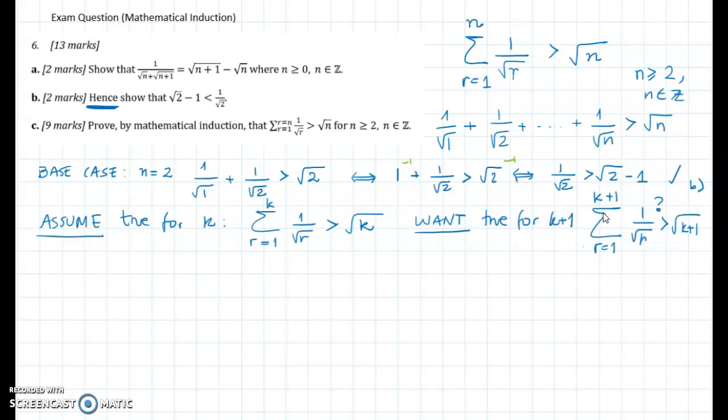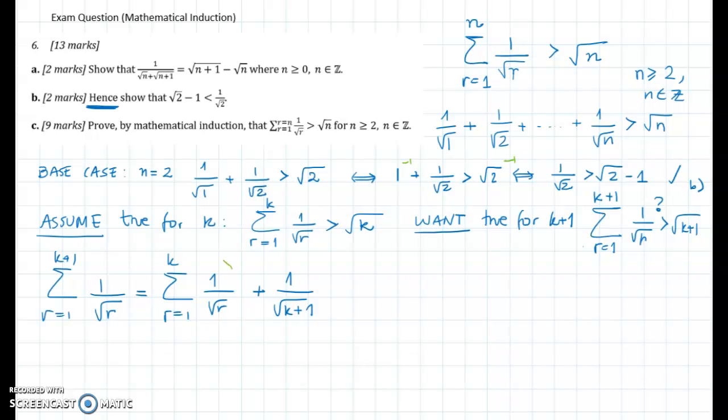So we're going to start by writing the left-hand side, the sum from 1 to k plus 1 of 1 over square root of r. And we're going to split the sum into parts as we usually do. On one hand, we are going to sum from 1 to k, and then we are going to add the last term, when we consider r equal to k plus 1, so it's just 1 over square root of k plus 1.